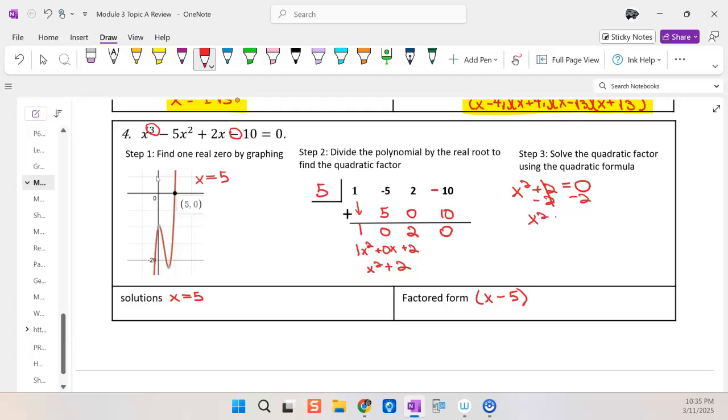And I get x squared equals negative 2. Then I take my square root of both sides. And I get x equals plus or minus the square root of 2i. Right? So that's my other 2 roots.